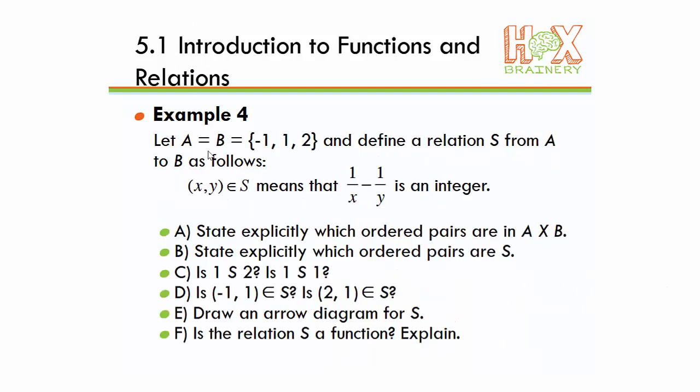Example 4, we're going to let both A and B be sets containing -1, 1, and 2. So we have equal sets there. And we're going to define a relation S from A to B as follows. The ordered pair x, y is in S means that 1 over x minus 1 over y is an integer. So we're going to start by explicitly writing all the ordered pairs in the Cartesian product A cross B. So A is equal to B, which is equal to -1, 1, 2.